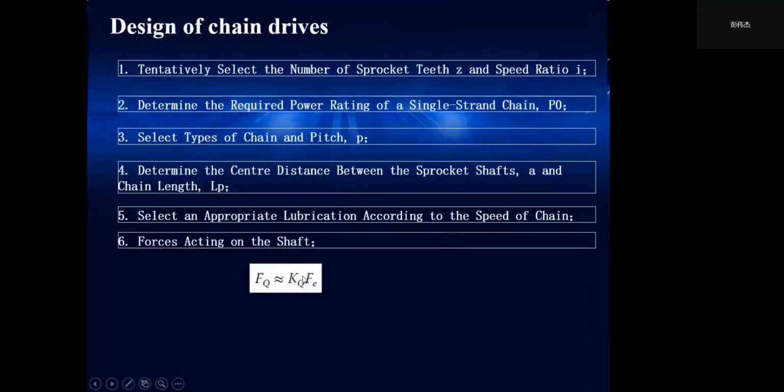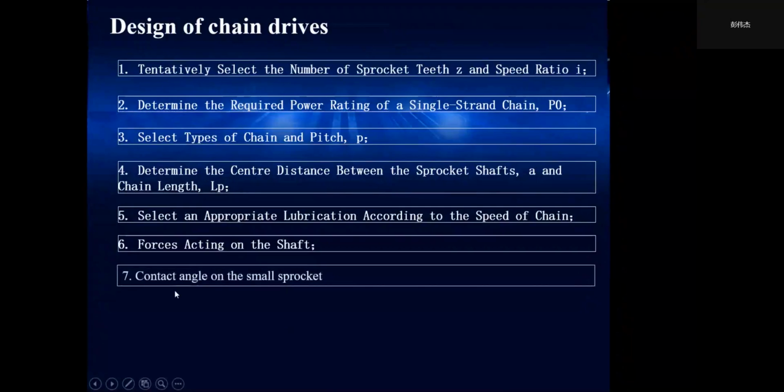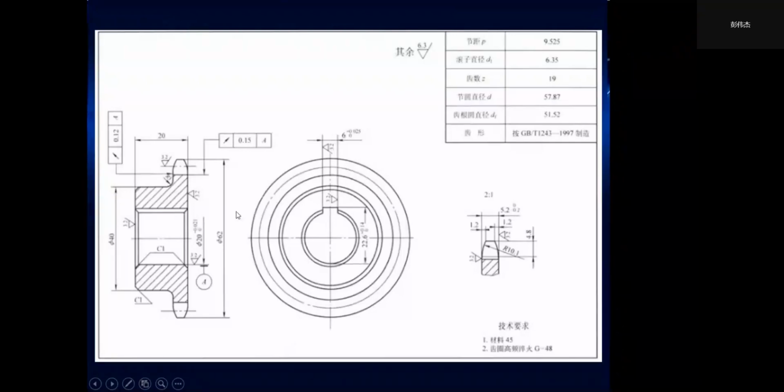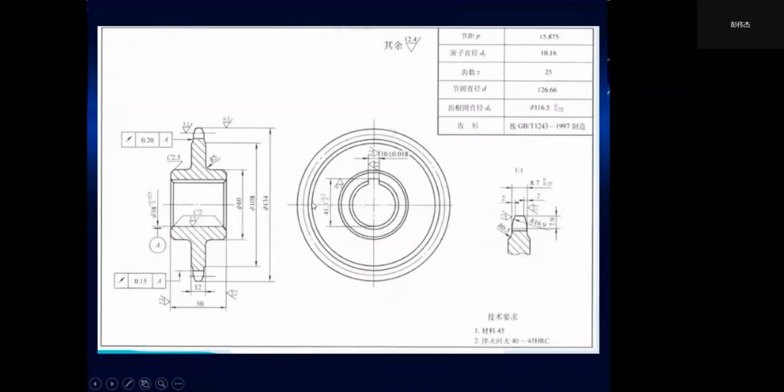And then to calculate the force acting on the shaft. And to calculate the contact angle on the small sprocket, and then draw the sprocket parts drawing. And this is an example of a sprocket parts, parts join like this or like this.